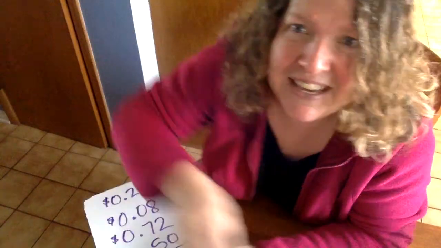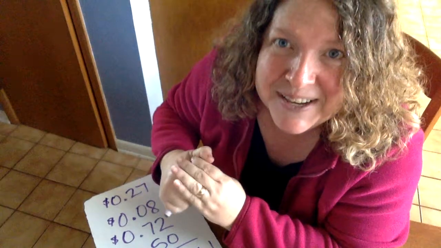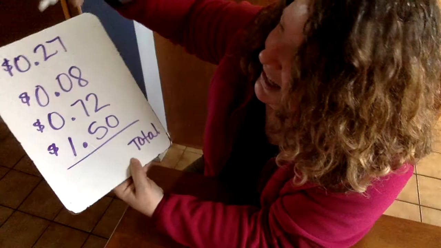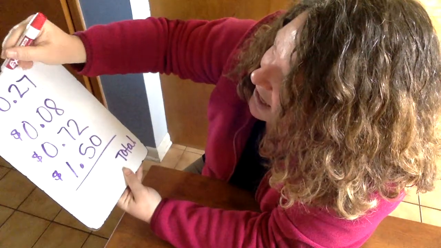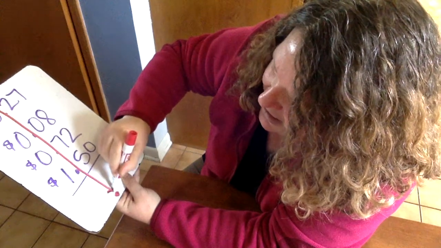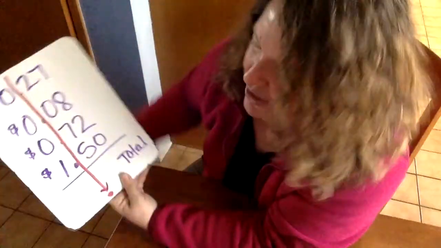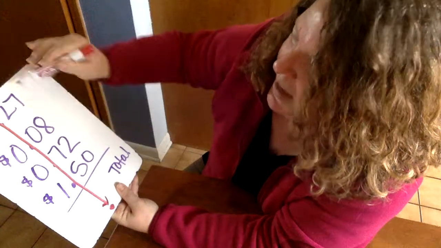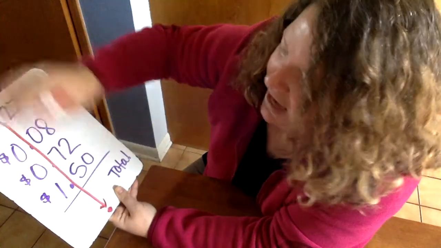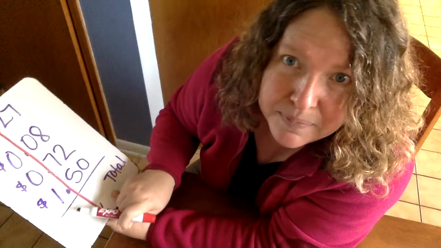So here are our numbers. We know if we're adding or subtracting with decimals, we line up the place values, we line up the decimal, and we bring it straight down to the bottom. Then we add all of the penny column up, and we add all of the dime column up, and we may or may not have to put in another $1.